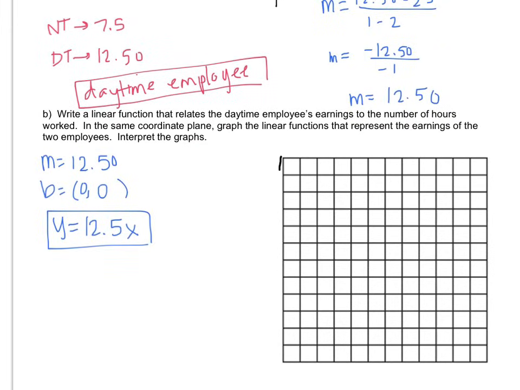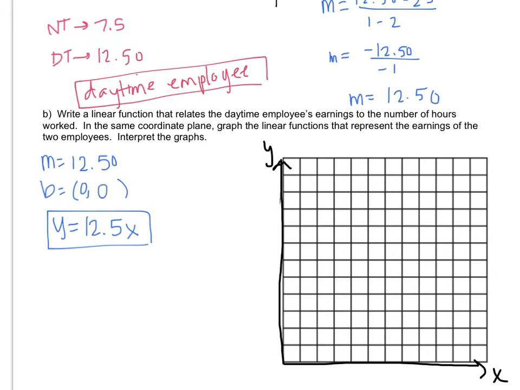Make a grid, and I'm going to stay in the first quadrant because the people are not making negative money and they're not working negative hours. I have to figure out a scale to go by.